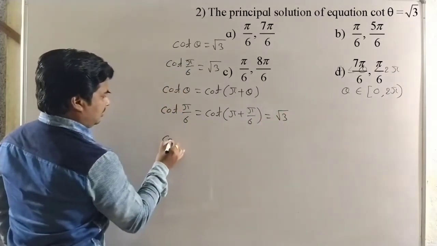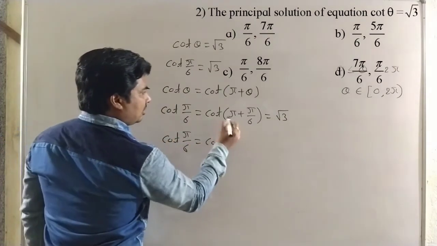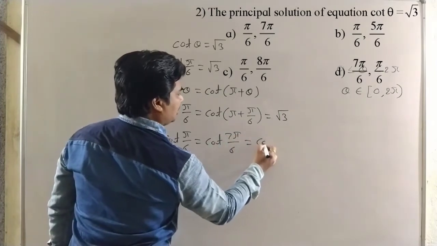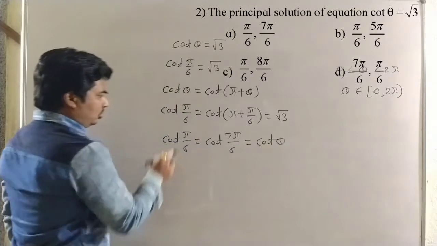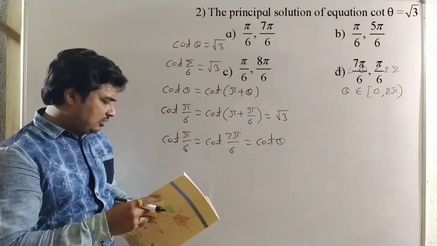Then cot 7 pi by 6 is also under root 3. That means theta is equal to pi by 6 and 7 pi by 6.